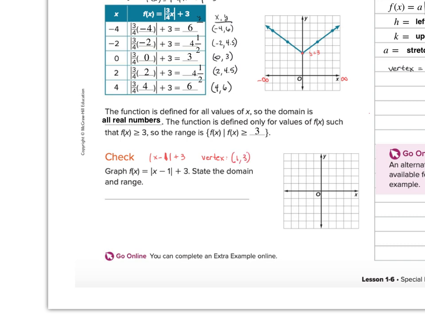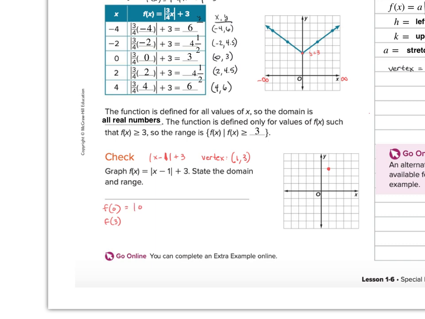I know my vertex is going to be right there. Now, to graph it, I would just pick some points on either side of that. Let's put in f of 0, and I'm just going to do 2 points, and then f of 3.